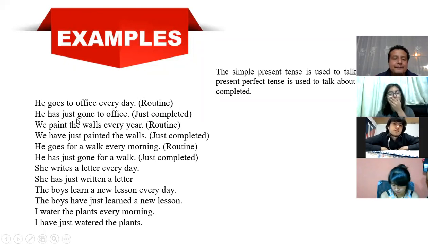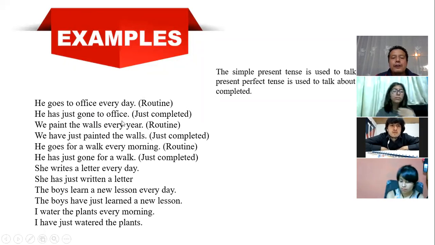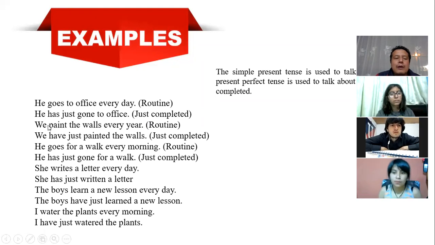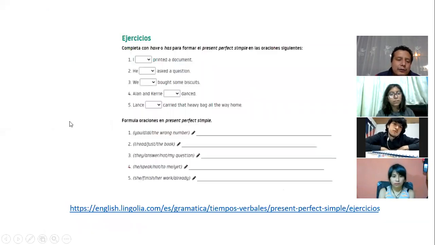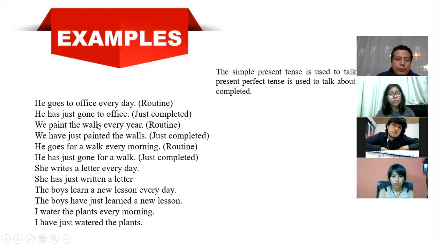It's a routine. The second one: he has just gone to the office. It's an action that just completed, it just finished. That's why we use present perfect tense. Because he is third person, we use has. He has just gone to the office. The word just is used to express that it finished just now.